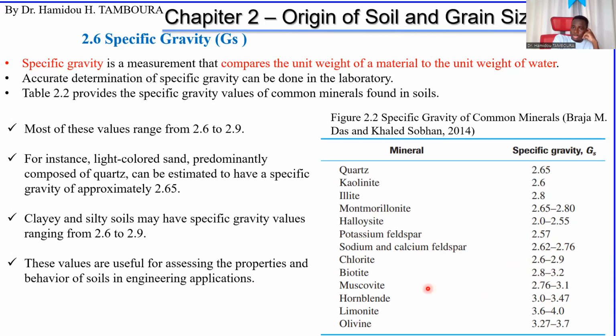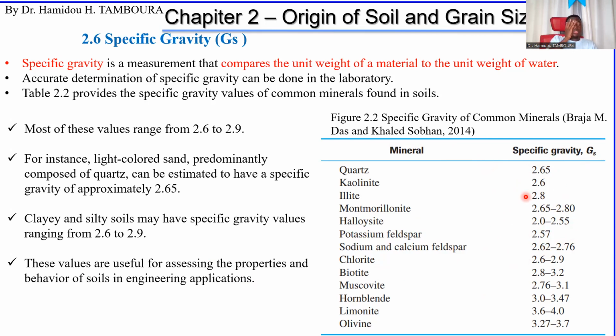So we better know this. And don't ask me why there is no unit, because this is like a ratio. It is like we divide the weight of soil by the weight of water. As you know, the weight of water is constant, about 1 kilogram per liter, something like that.